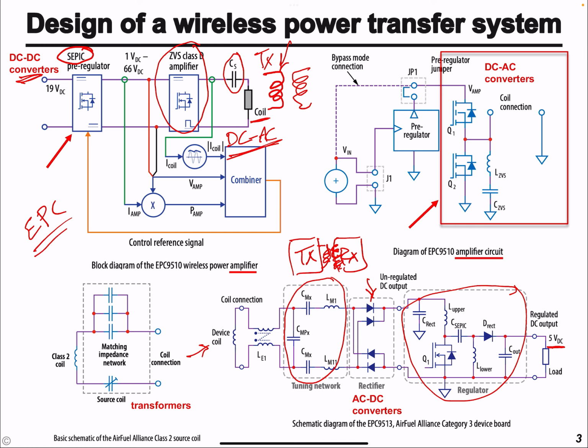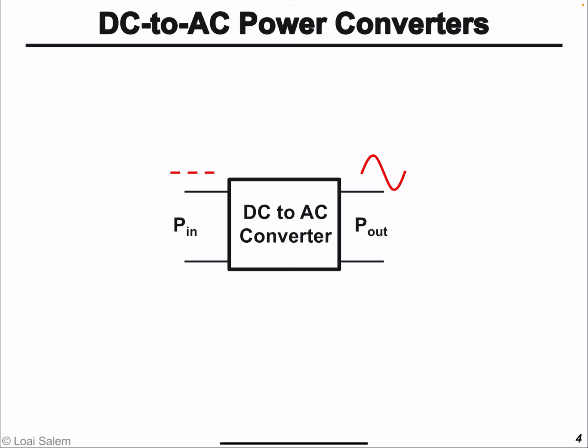So in this video and the next ones, we're going to see how to design the DC to AC converter as well as the wireless power transfer system. So what's a DC to AC converter? A DC to AC converter is a power electronic circuit that converts DC power into an equivalent amount of AC power.